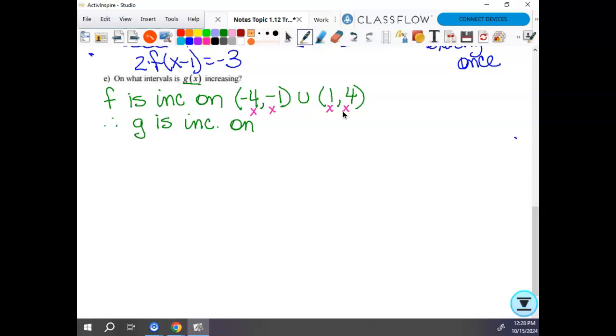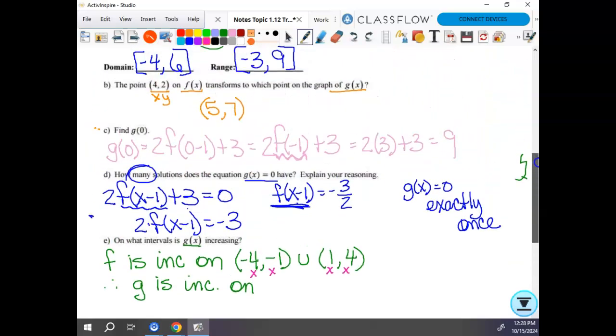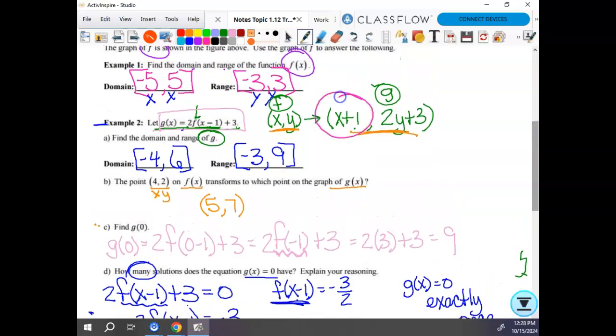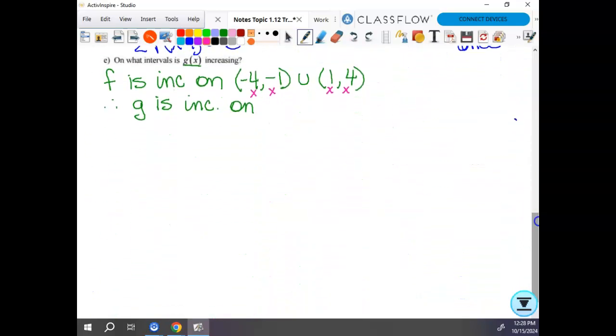All 4 of them are x values. So when I look at my transformations and I'm trying to figure out what those intervals are, all I'm looking at is the x part of that. So that means if f is increasing on these intervals, then I just take those intervals and add 1 to every single number. So I get -3 to 0 and 2 to 5, and I'm done.